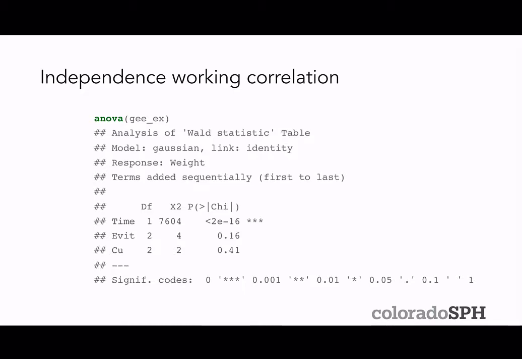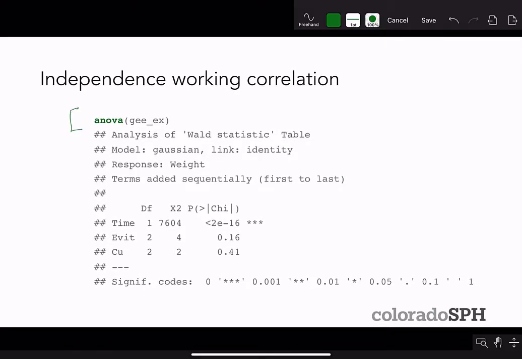But I want to point out that you can still run an ANOVA. The ANOVA statement will still work when you're running this type of GEE model. But if you look at what's produced here, the ANOVA is not based on the likelihood ratio statistic, because that's not valid because of the quasi-likelihood. Instead, the ANOVA is based on a Wald statistic.